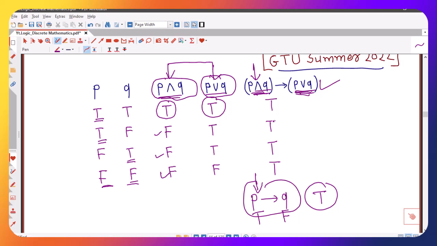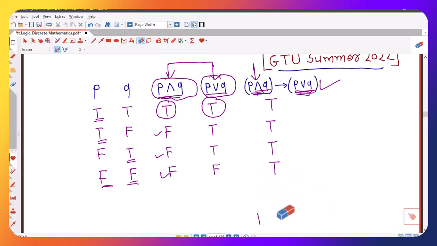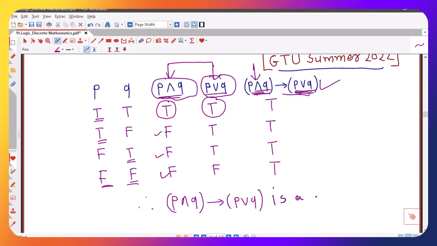Therefore we have all the truth values as T, and we can say that this implication, P and Q implies P or Q, is always true because all the truth values are T in this column, and therefore this is going to be a tautology. P and Q implies P or Q is a tautology.